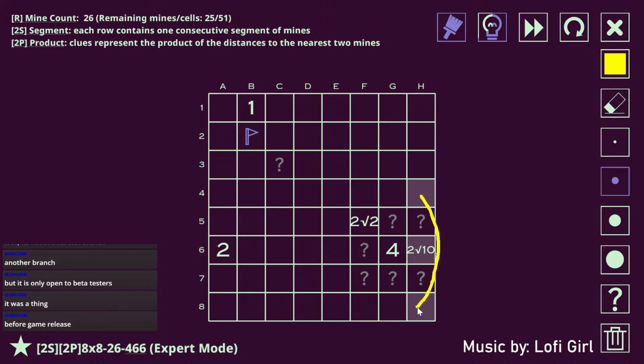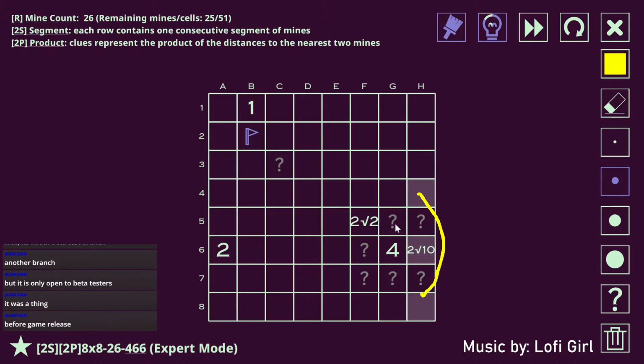So it could be one of these being mines, and then some mines here. Or it could be root 8 by root 5, which would be some mines here and then some mines here. One of these being mines and some mines here.